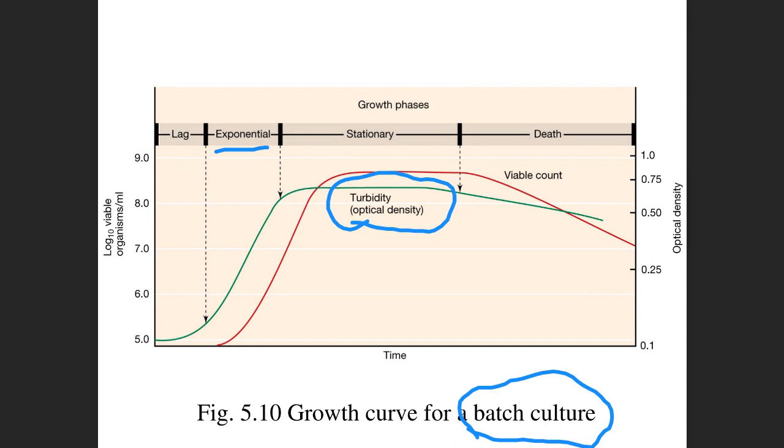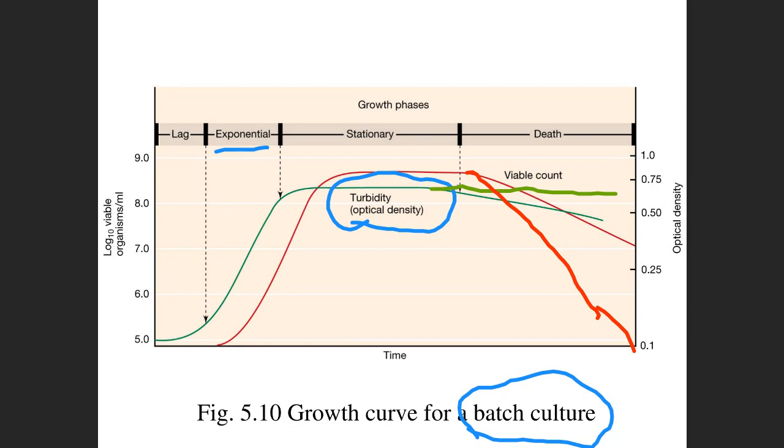So this, say, you see green, the green line, should actually be pretty flat for a long time. And then the red, because they're dying, the red line should go down a lot more dramatically. Eventually, the red line reaches almost no living cells, if you starve them long enough.